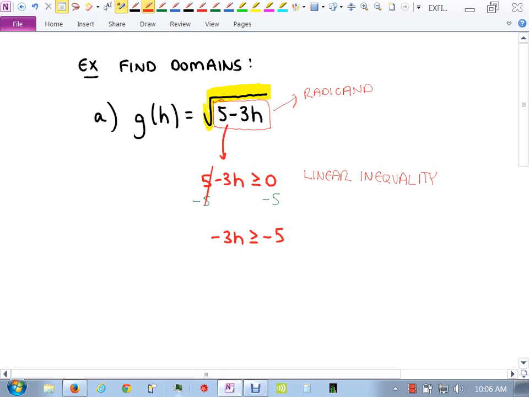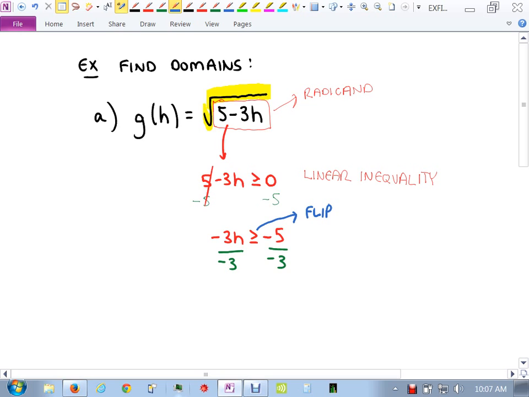Anytime you have an inequality and you divide both sides of an inequality by a negative number, the inequality flips over. That's just part of what it takes when you solve linear inequalities. So when I divide through right now by negative 3 and negative 3 here, I have to keep in mind that this will flip. That only happens when you divide by a negative.